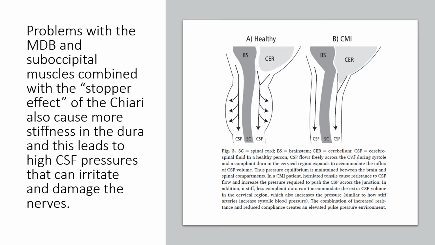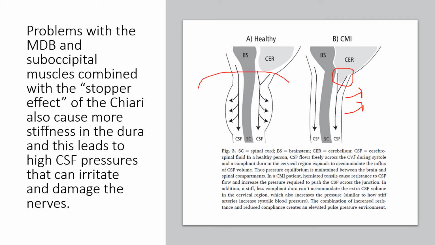Now, what the authors talk about is that if you have this stopper in a bottle effect of the Chiari, as shown here, plus the muscles that are supposed to be keeping this open aren't doing their job, then the whole dura, or the covering of the brain and spinal cord, gets stiff, and this leads to increased pressure. And that increased pressure can cause some significant problems.